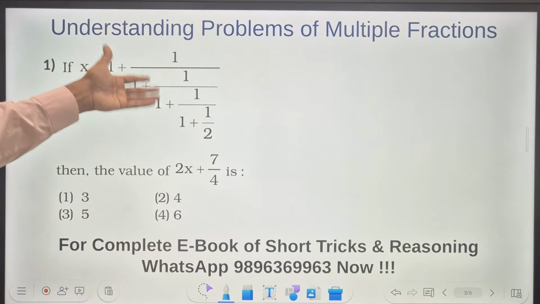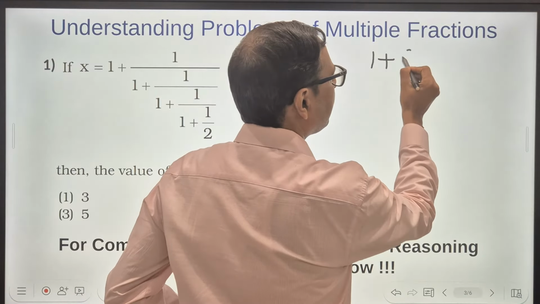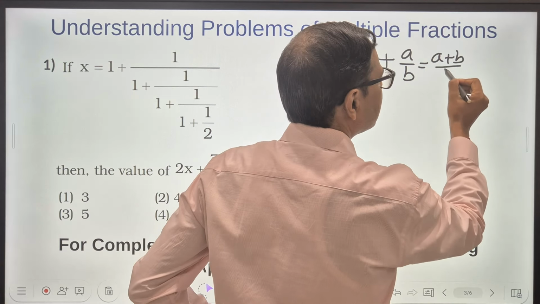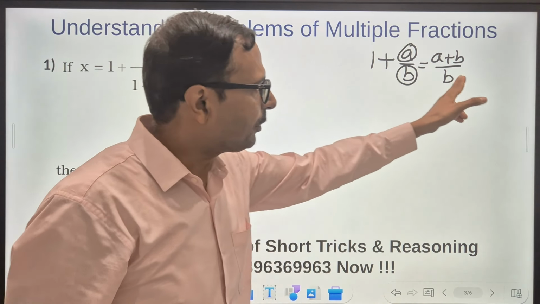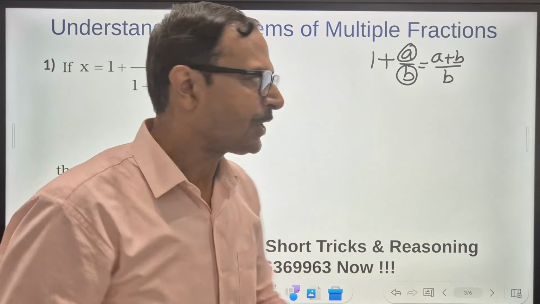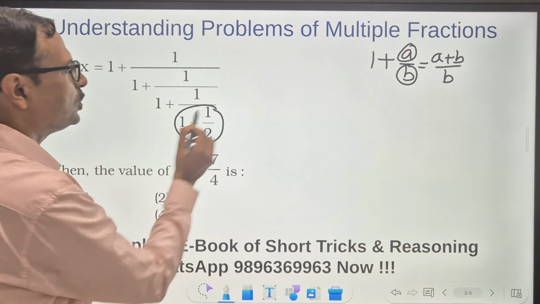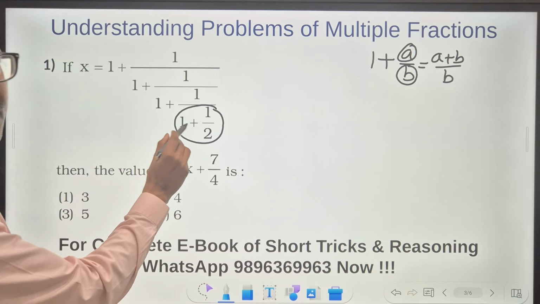That involves very simple logic, that 1 plus a upon b is actually a plus b upon b. So you just have to add the numerator and denominator and keep the denominator as the same thing. So if I have to do 1 plus 1 by 2, I will do 1 plus 2, 3, and keep the denominator as 2 only.